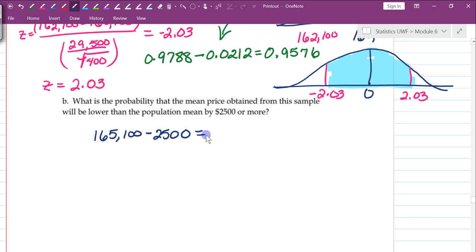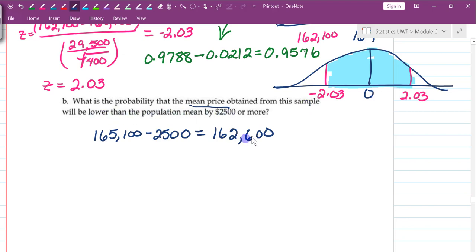We throw that in our calculator, and we get 165,100 minus 2,500 is equal to 162,600.